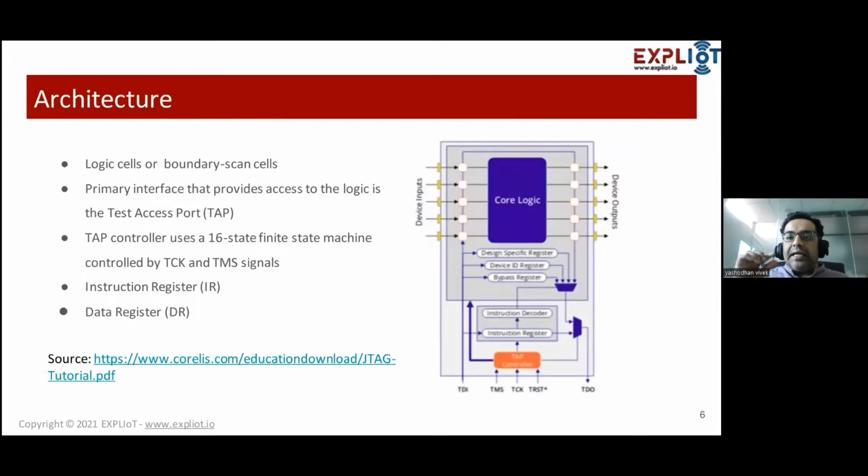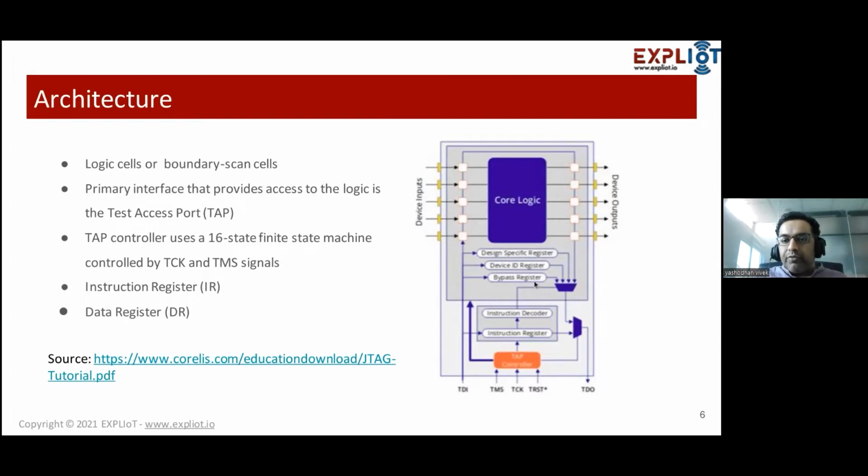Understanding the actual base logic for JTAG, as we can see here, is what we call a boundary scan cell. It is not directly accessing any of your buses like a high-speed bus or a peripheral bus, but it is at the boundary level that we are trying to debug those things.